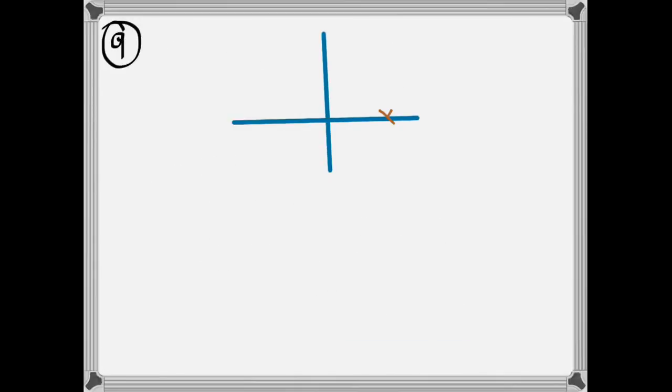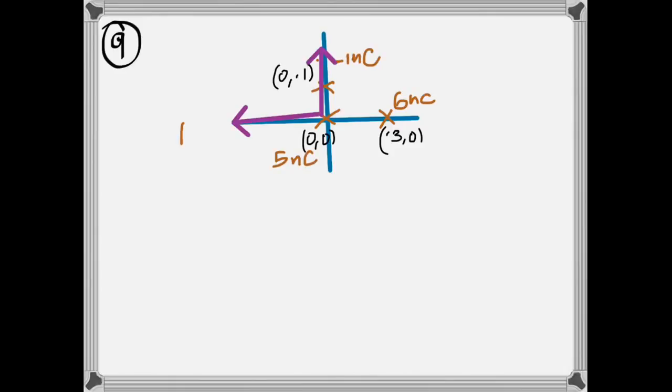In the 9th one, this is the situation. That is 0.30. That is the origin, and that is 0.1. And these are the charges. Well, the force on 5 due to 6 is repulsive, and the force on 5 due to negative 1 is attractive.